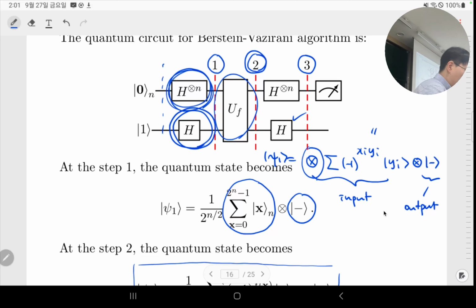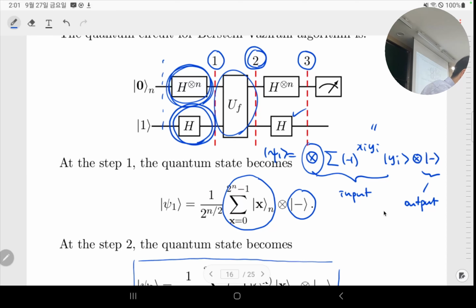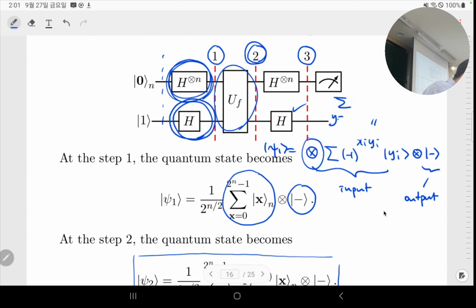If I take all the y0s to y_{n-1}, I can rewrite that as a number between 0 and 2 to the n minus 1. So I can rewrite this as y ranging from 0 to 2 to the n minus 1. And every time I take this tensor product, I need to take into consideration this coefficient. So these coefficients are all multiplied together.